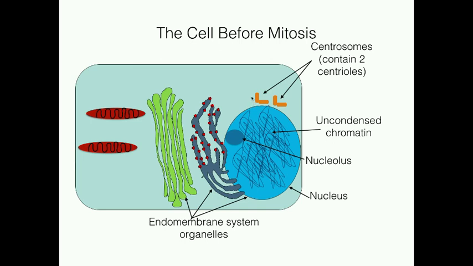Centrioles make a part of the cytoskeleton, which is the protein network that gives structure to the cell. The part of the cytoskeleton that they make are called microtubules. They're going to be very important to the process of mitosis.